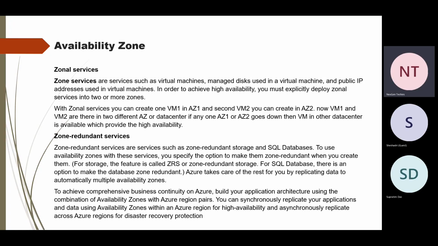If you configure them, it will guarantee the high availability of your data and application as well. That's the reason we configure zone redundant services, to replicate the storage between multiple availability zones. Any questions here till now? No. Okay.